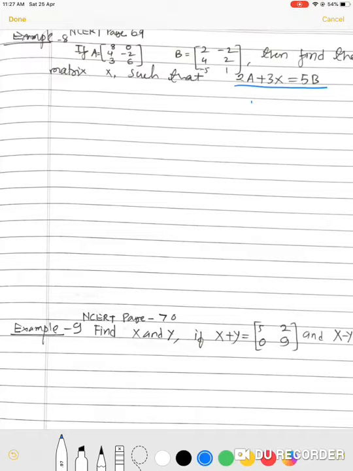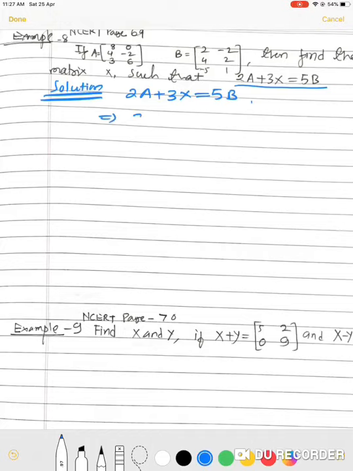Now look here. Solution. 2A plus 3X is equal to 5B.